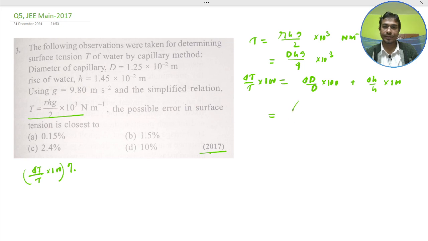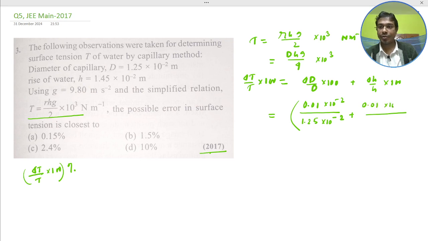Just put this value, 0.01 into 10 to the power minus 2 divided by 1.25 into 10 to the power minus 2, plus put this value 0.01 into 10 to the power minus 2. I just convert to the same SI unit.